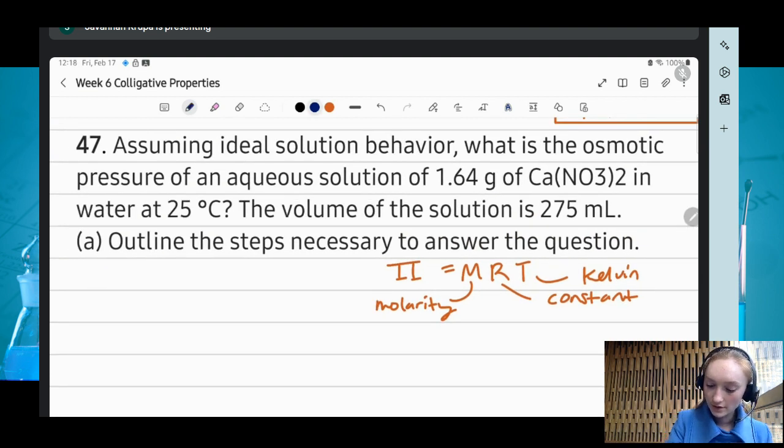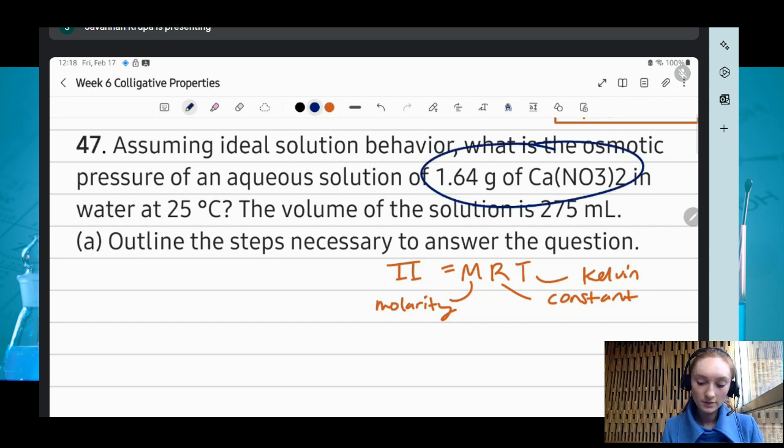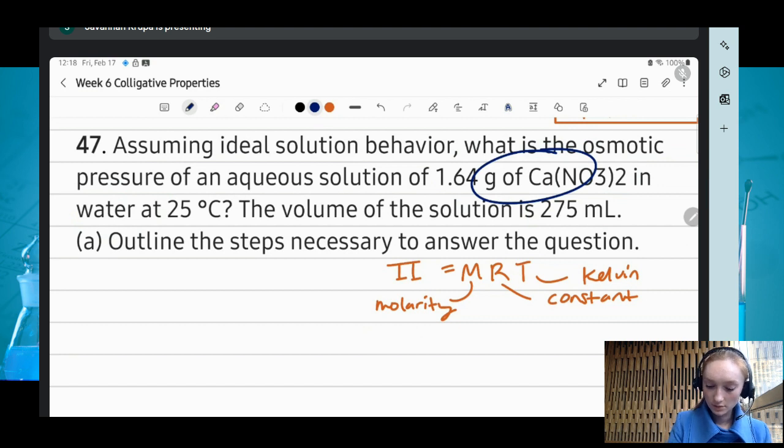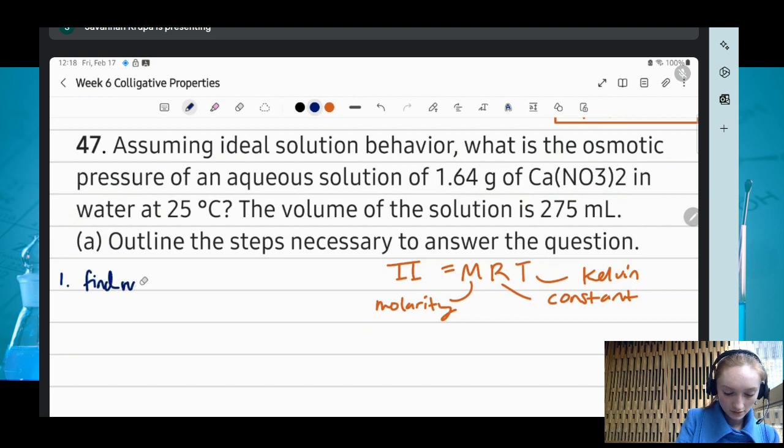So it gives us the mass of the solute in this case, and the solvent is going to be water, and it gives us the volume of water and the mass of the solute. So what we need to do first is find the moles, or let's continue with how we said this, convert grams of, I'm going to say solute, to moles.